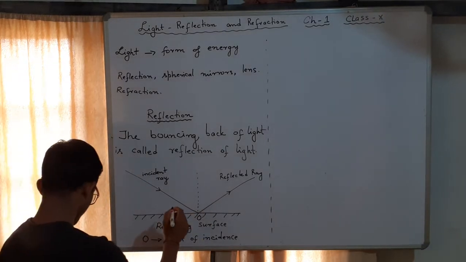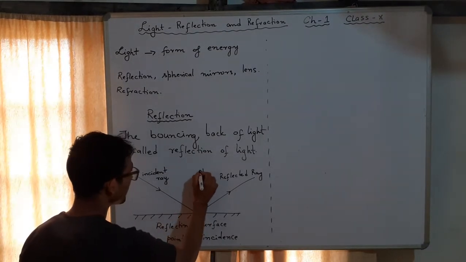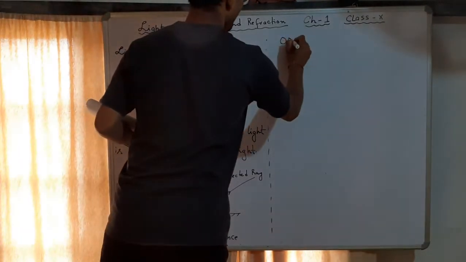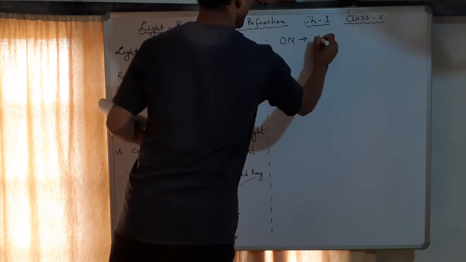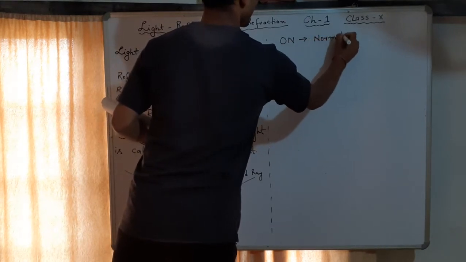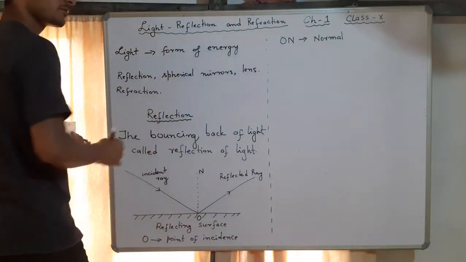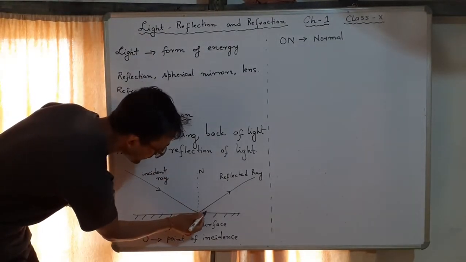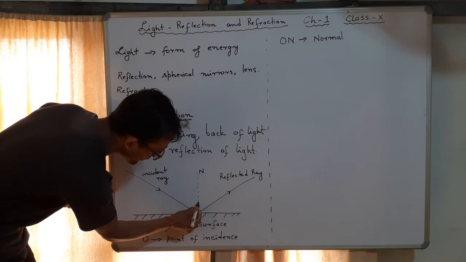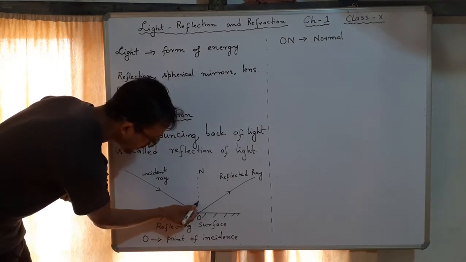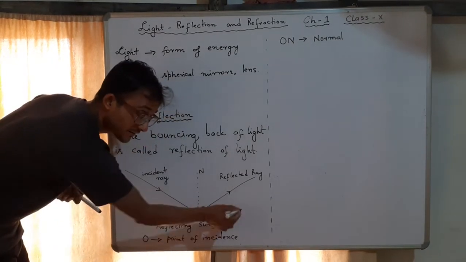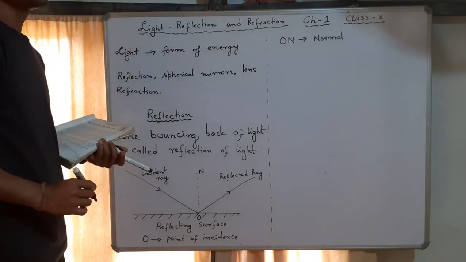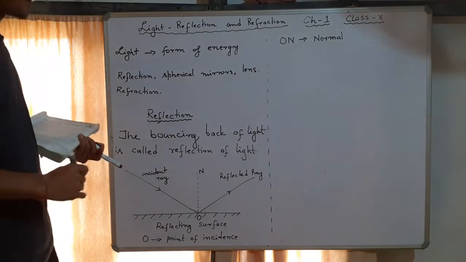ON is called the normal. Normal means perpendicular: it is perpendicular to the surface, at 90 degrees. This angle is 90 degrees from here to here, and from here to here it is also 90 degrees, because this is a 180 degree straight line. So ON is the normal. All these are imaginary.